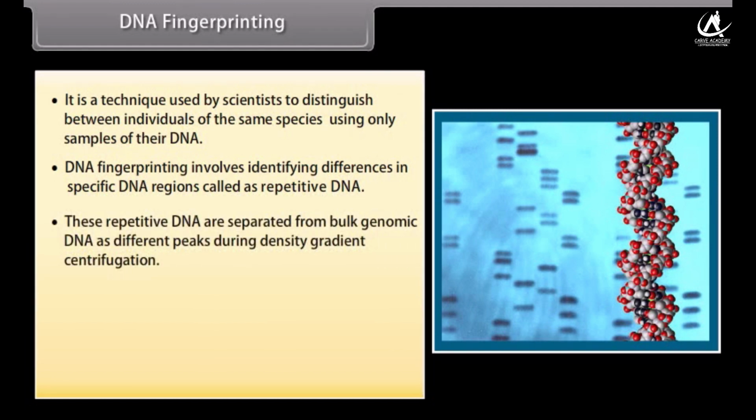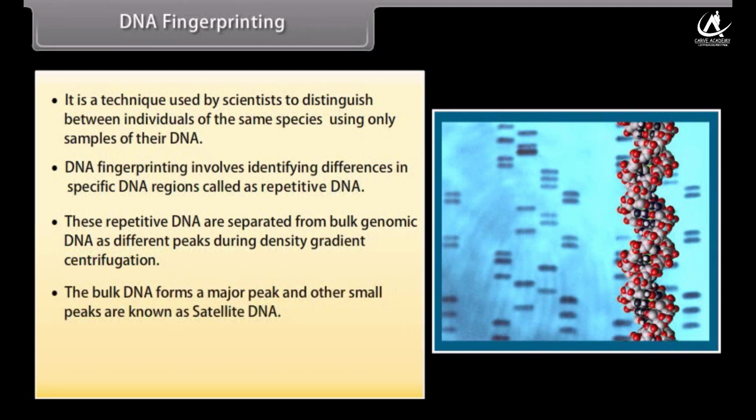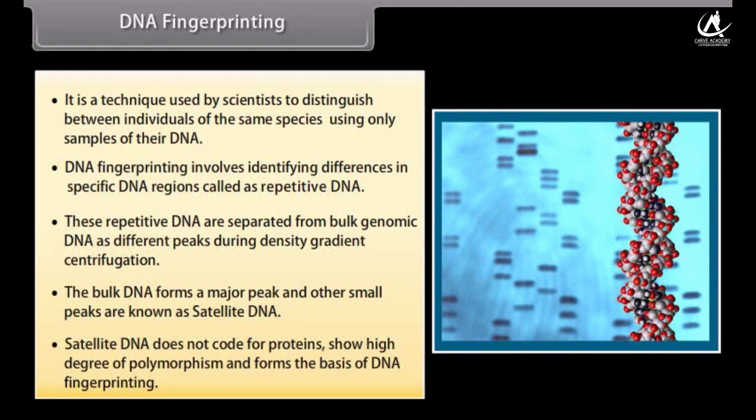These repetitive DNA are separated from bulk genomic DNA as different peaks during density gradient centrifugation. The bulk DNA forms a major peak, and other small peaks are known as satellite DNA. Satellite DNA does not code for proteins, shows high degree of polymorphism, and forms the basis of DNA fingerprinting.